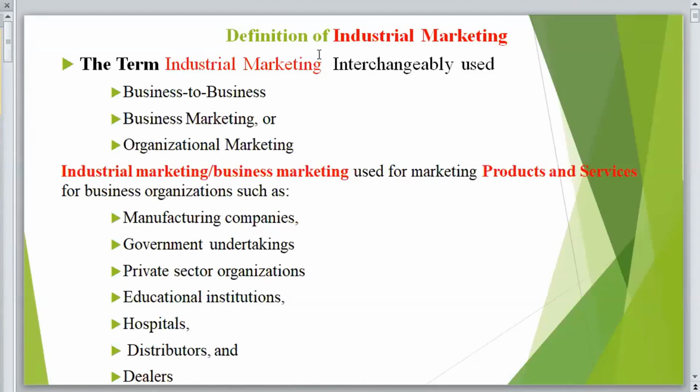When you refer to different books, don't be confused with these three terminologies. So when we define industrial or business to business marketing, it is simply applying the marketing concept to products and services which are sold to business organizations.